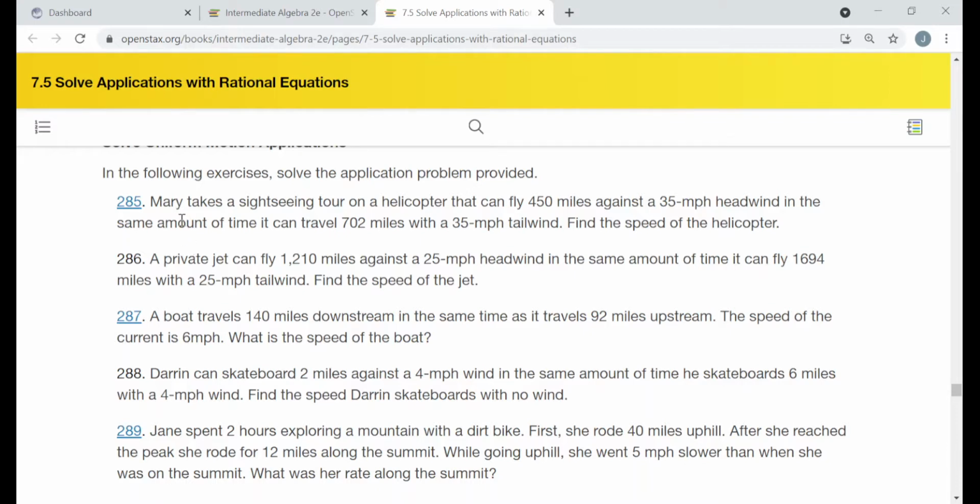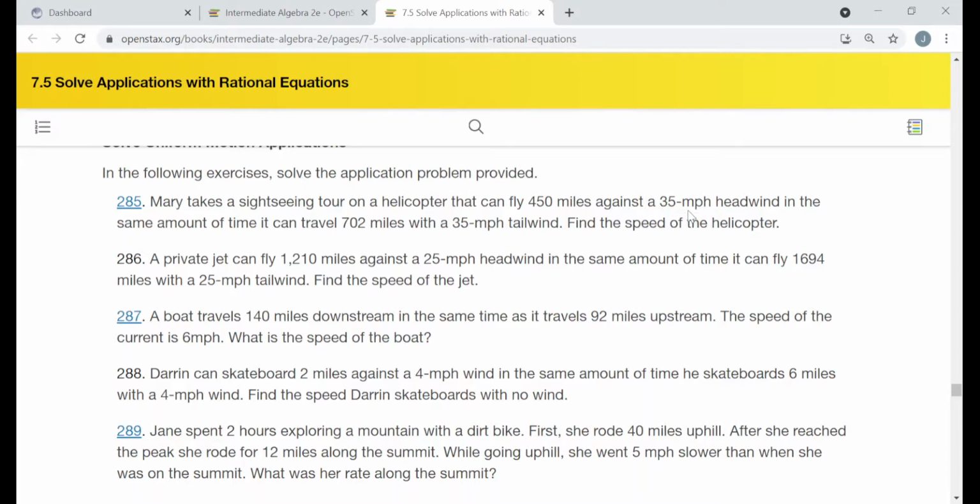We have Mary. Mary takes a sightseeing tour on a helicopter that can fly 450 miles against a 35-mile-per-hour headwind. In the same amount of time, it can travel 702 miles with the 35-mile-an-hour tailwind. Find the speed of the helicopter without the wind, right?